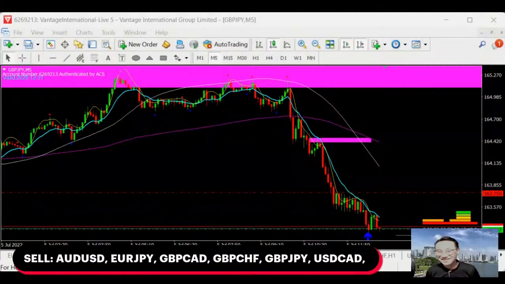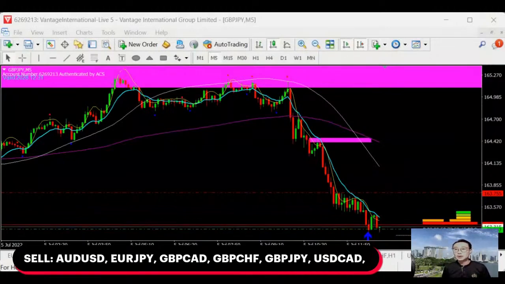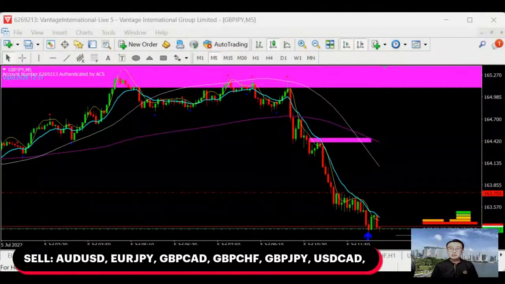Yes, pound yen is still testing. Like I say, pound yen is testing on the support right now. Is it really going to break? Like I say, it's highly likely it's not.